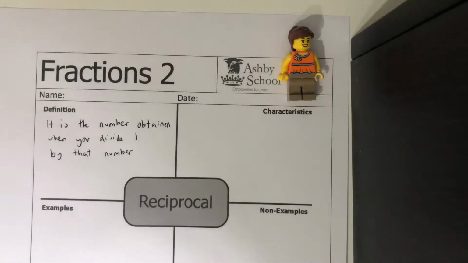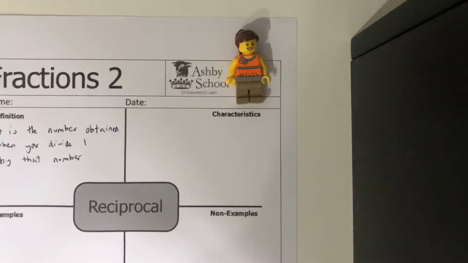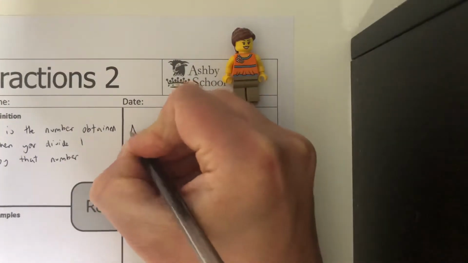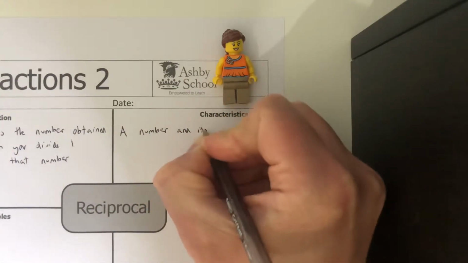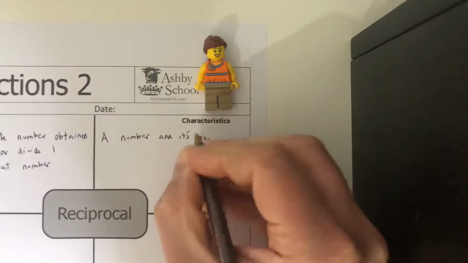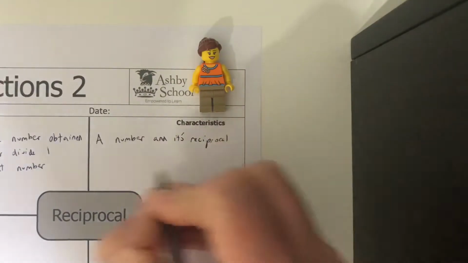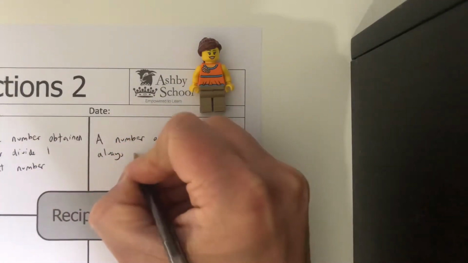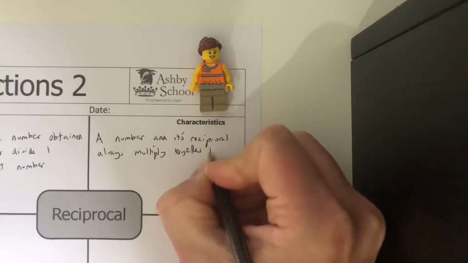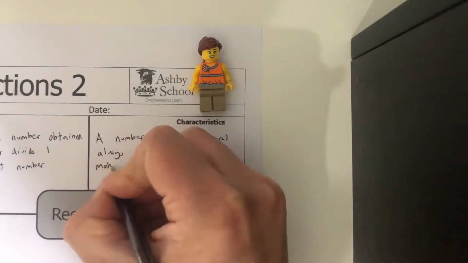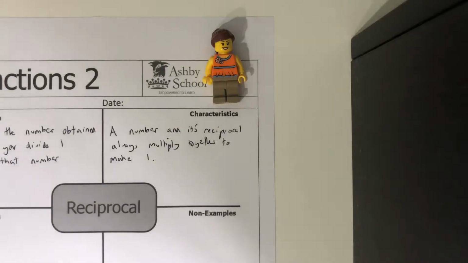Now, the characteristics, quite important: any number and its reciprocal will always multiply together to make 1. So, a number and its reciprocal always multiply together to make 1. And that's really important.